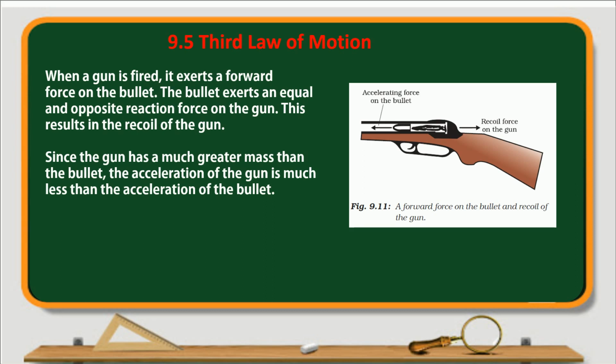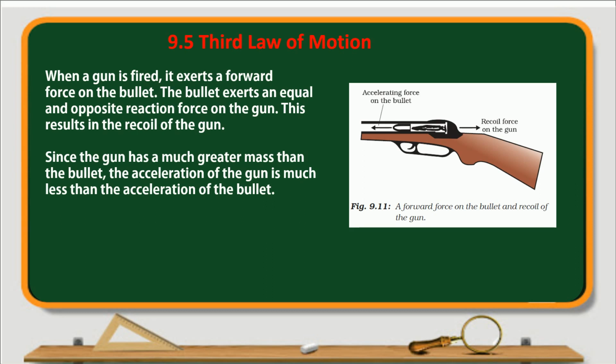Now you know how to use a gun also. While using a gun we must place it in a particular way on our shoulder, otherwise we will get hurt because of this recoil velocity.